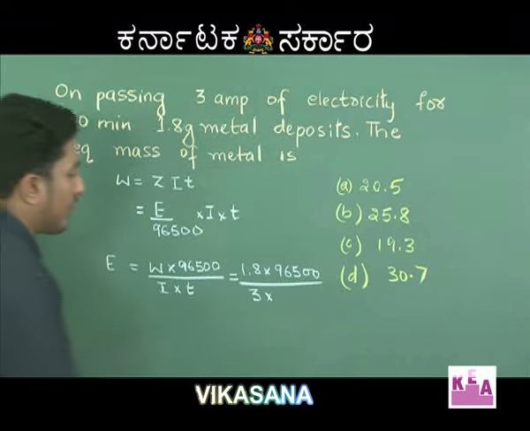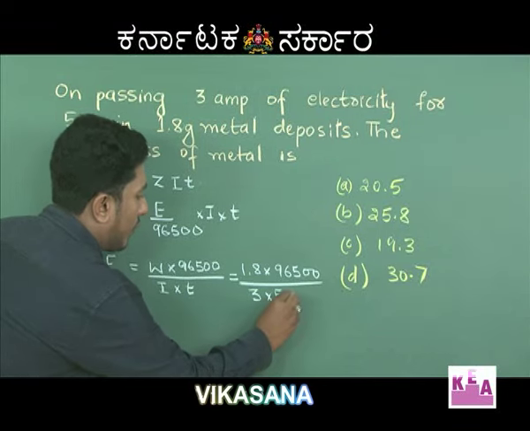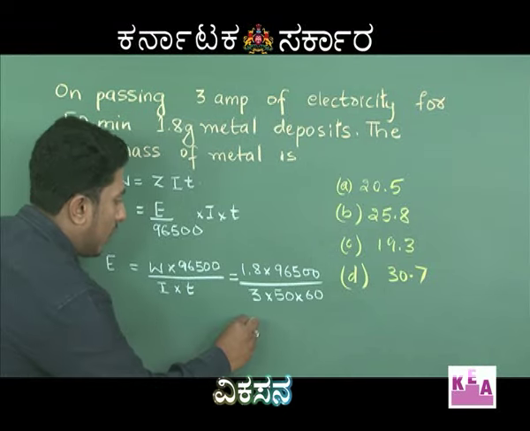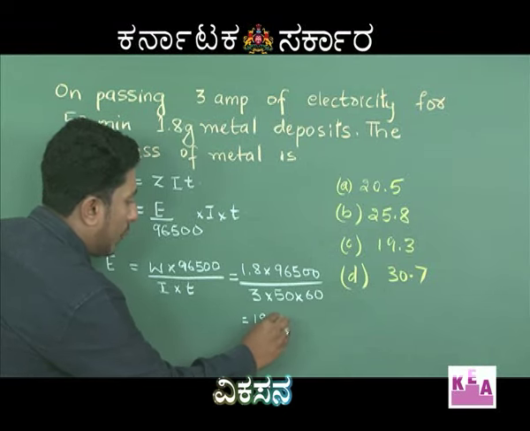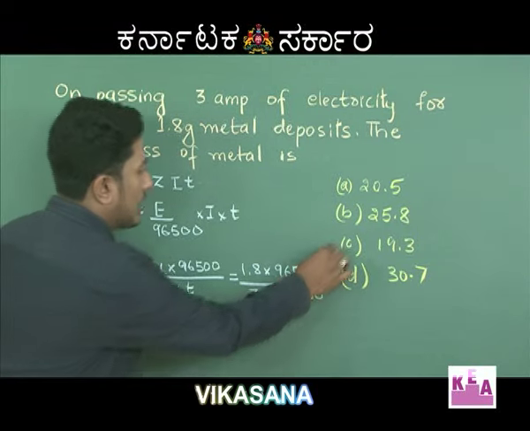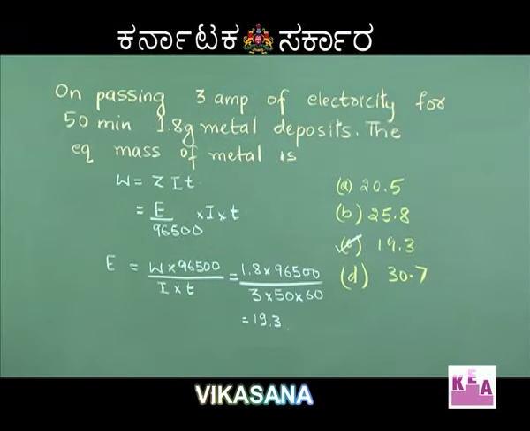But they have given you 50 minutes, hence that will be equal to 50 into 60. On simplification, the value will be equal to 19.3. Hence, equivalent weight of the metal is 19.3. Hence, option C is the right answer.